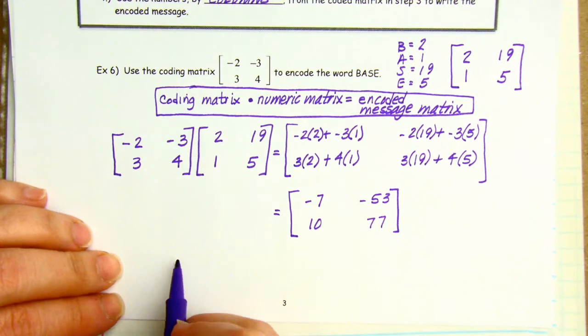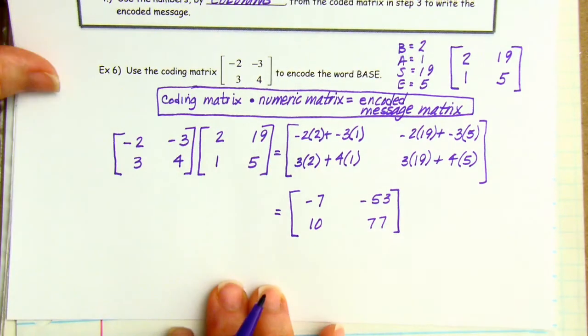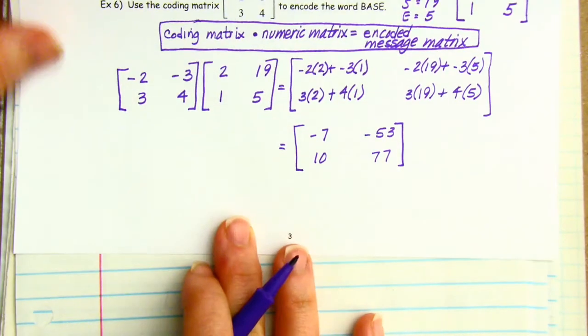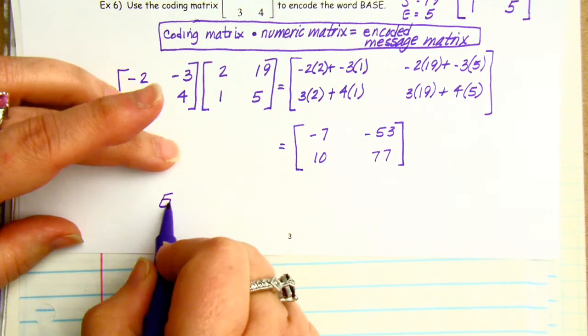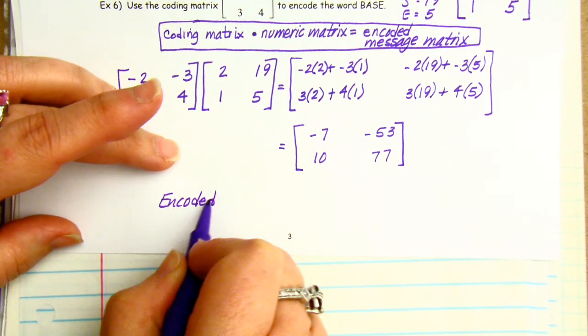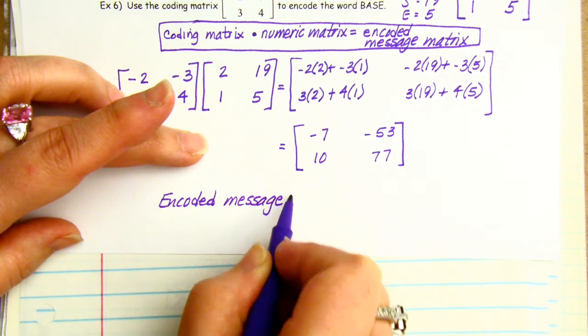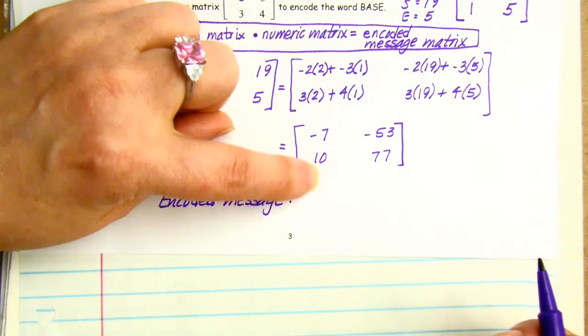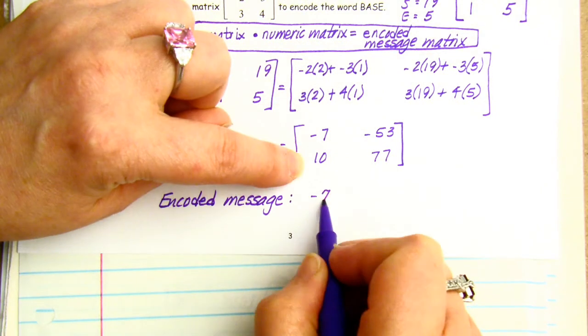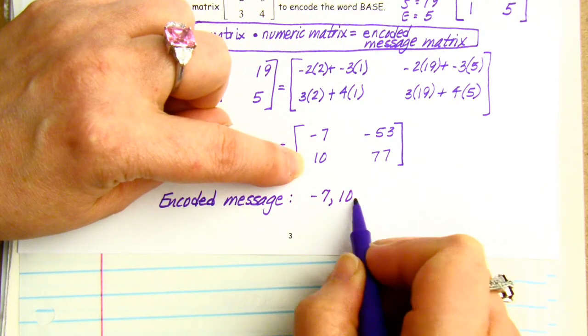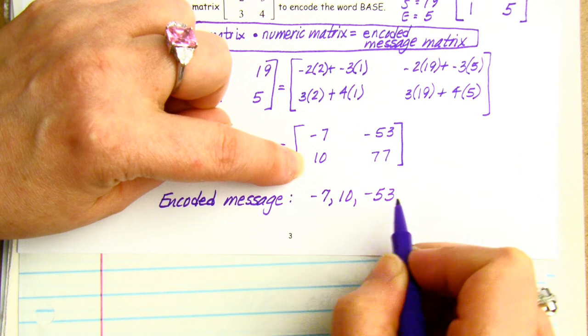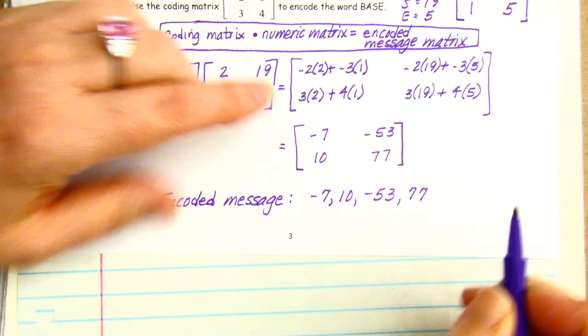So our encoded message or scrambled up message, and we have to go by columns again, -7, comma 10, comma -53, comma 77.